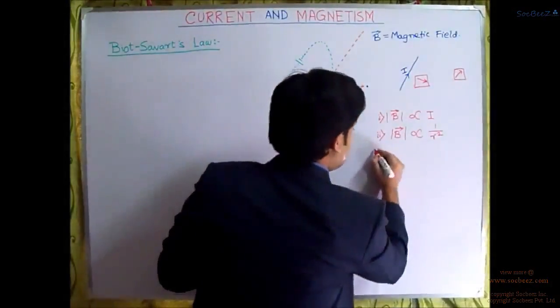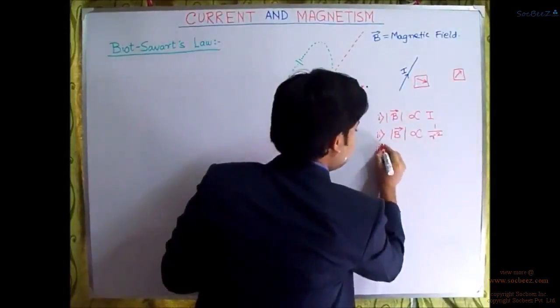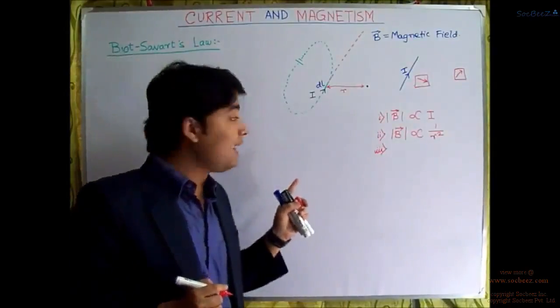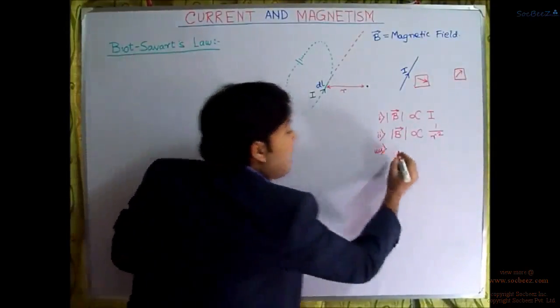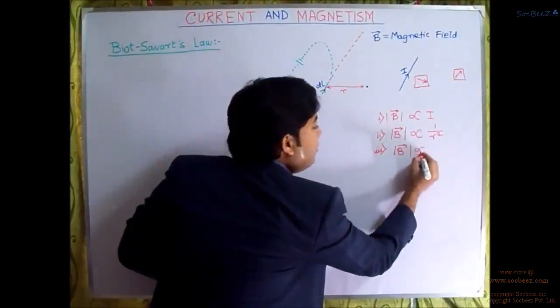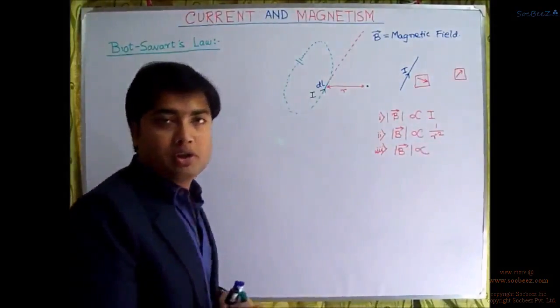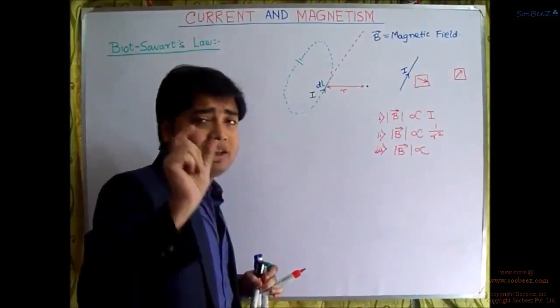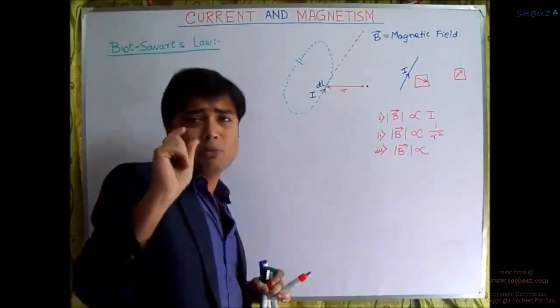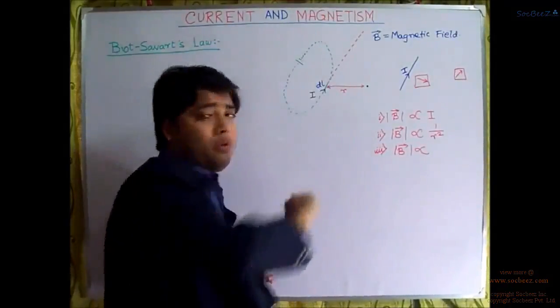Now the third point stated in the Biot-Savart Law is that the magnitude of the magnetic field will again be directly proportional to the length of the conductor being taken. Here the length of the conductor is a small piece of the entire one.